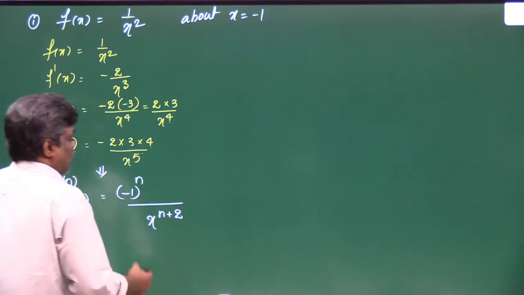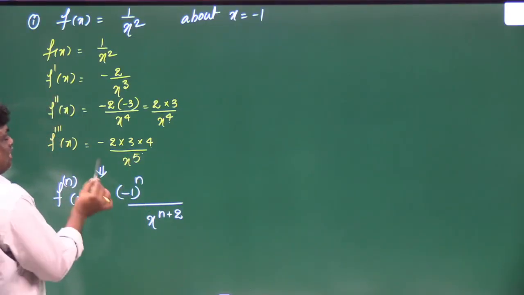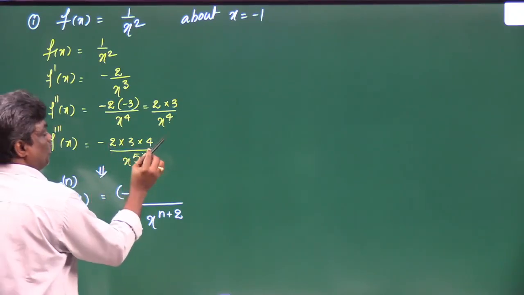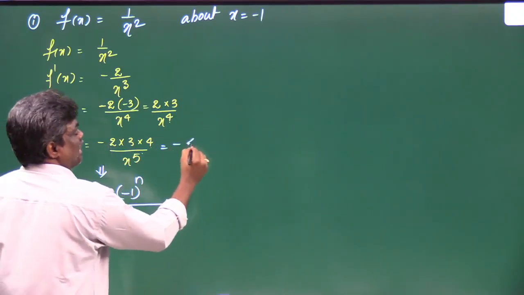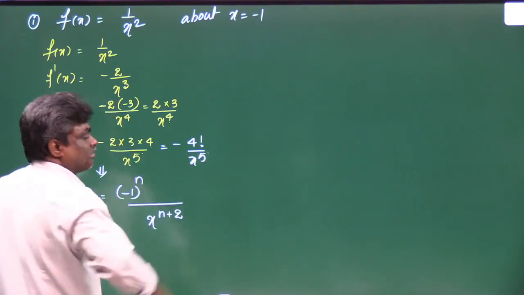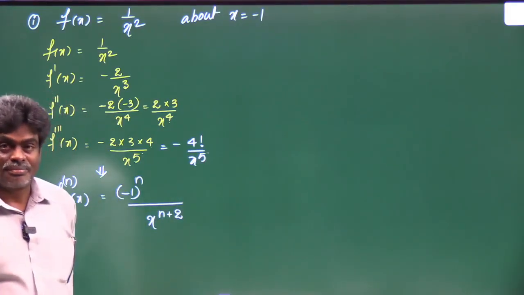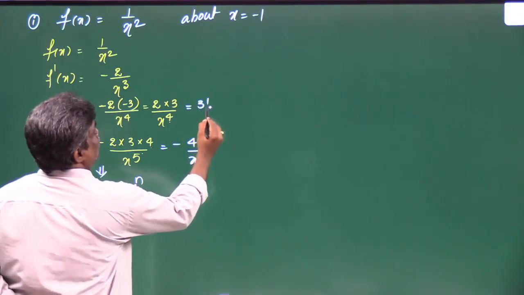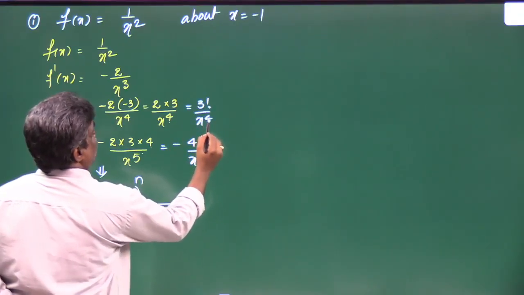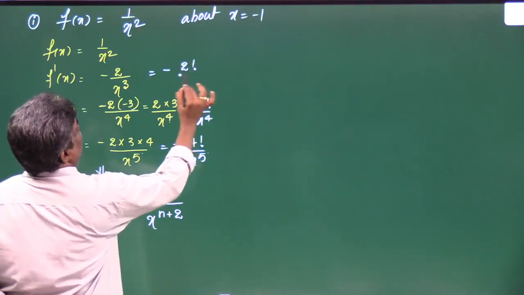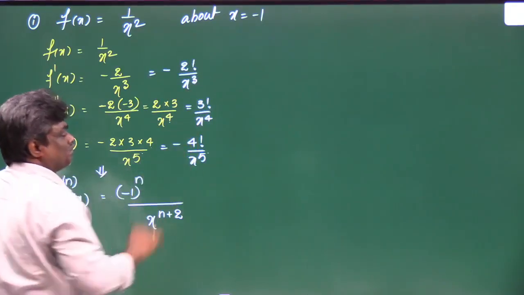Next one. See, this is the third derivative, so 2 into 3 into 4. I hope you can write this as minus 4 factorial by x power 5. And this can be written as 3 factorial by x power 4, and this as minus 2 factorial by x cube.